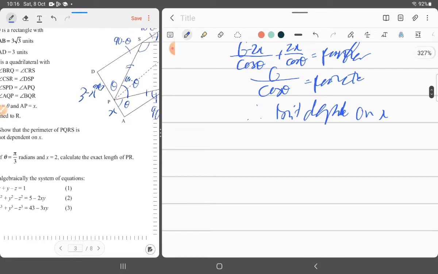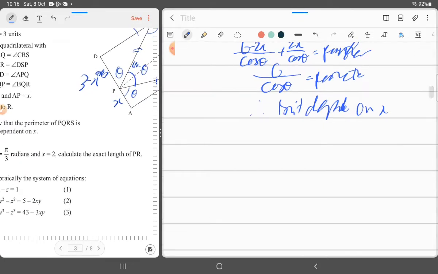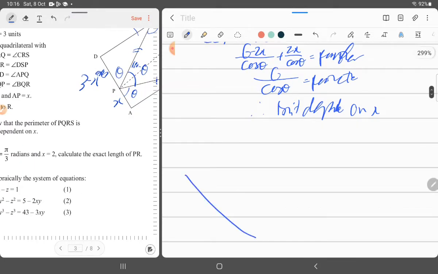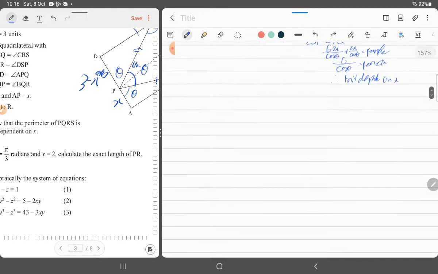Show that the perimeter of PQS is independent of x. If theta is pi over 3 radians, x equals 2. So let me just, not enough space.